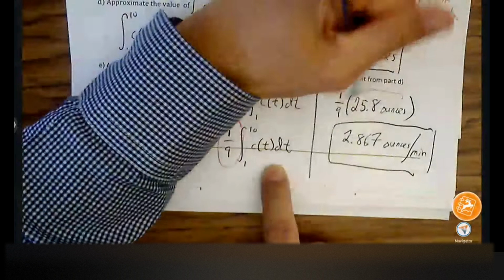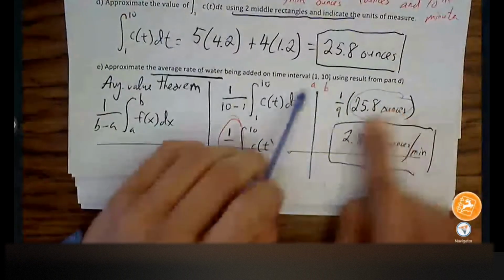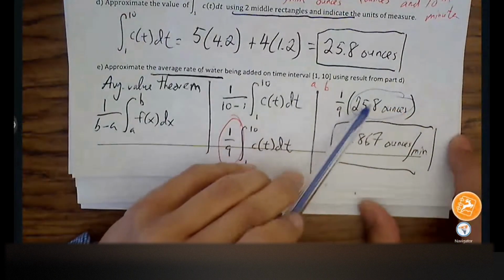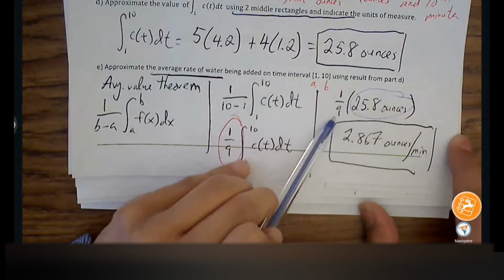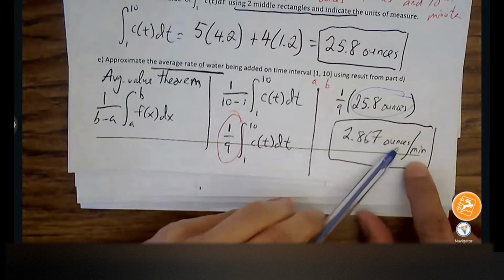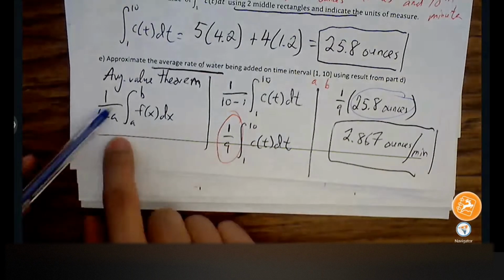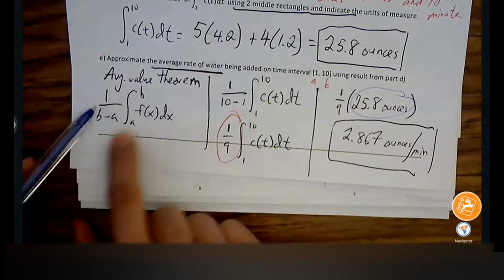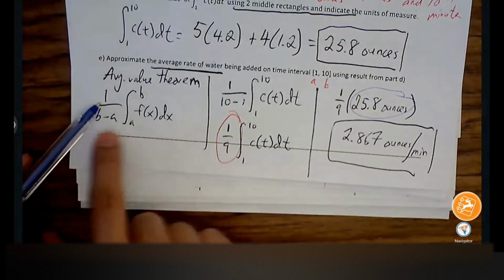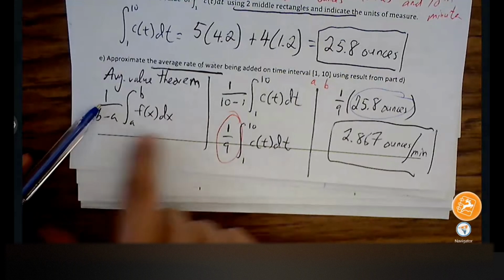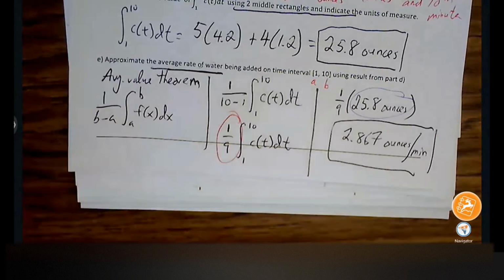So this is how many ounces there are divided by 9 minutes. If you do 25.8 ounces divided by 9 minutes, you're back in terms of ounces per minute. So this 1 over b minus a kind of undoes, or unravels, that integral process we just did, and the units change back to where they came from.